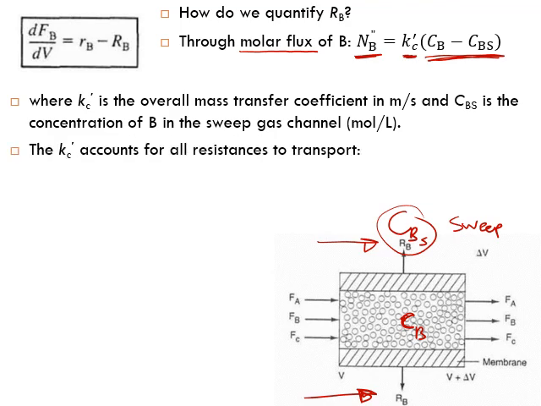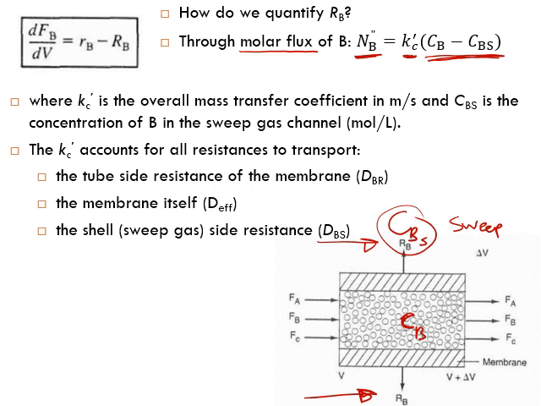The Kc prime accounts for all resistances to transport. That is, it accounts for the resistance to mass transport from the tube side, the tube side resistance of the membrane.